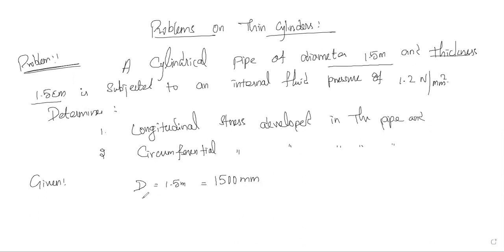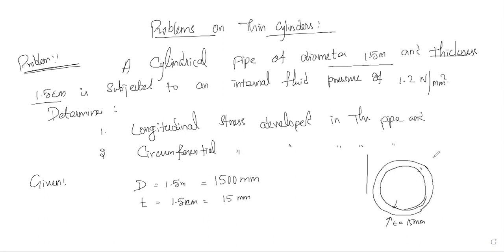And thickness of wall is equal to 1.5 centimeter, which is nothing but 15 mm. So this t is equal to 15 mm and the external diameter is equal to 1500 mm.